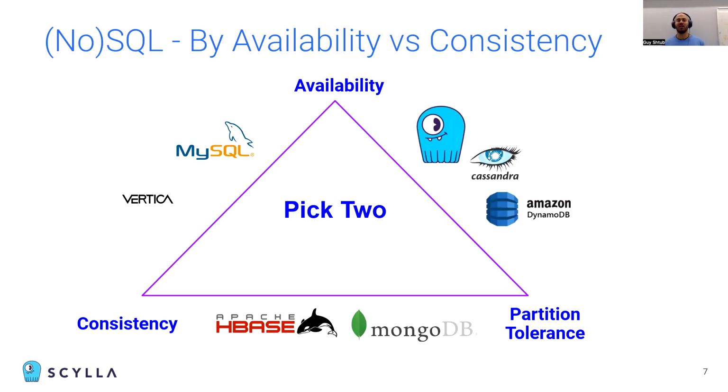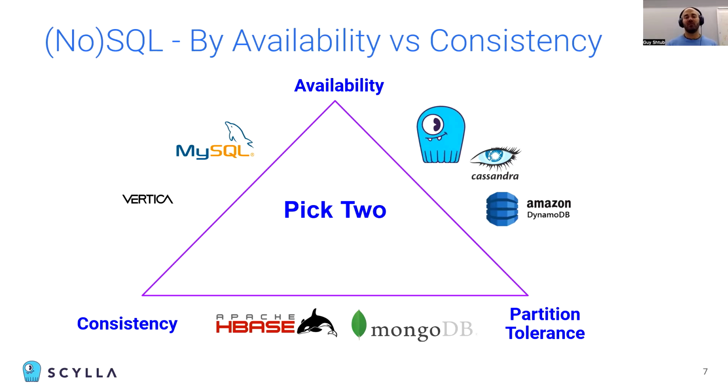So one way to classify distributed databases is according to the CAP theorem, which is what we see over here. The CAP theorem states that in distributed databases, there are three attributes that we would like to strive for.